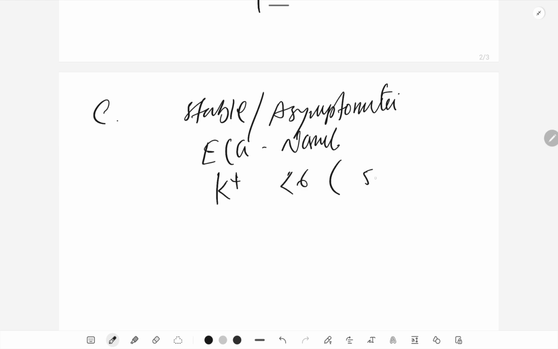Actually it is 5.5 to 6.0, because more than 5.5 is hyperkalemia, so it is 5.5 to 6.0. Actually it is mild hyperkalemia.